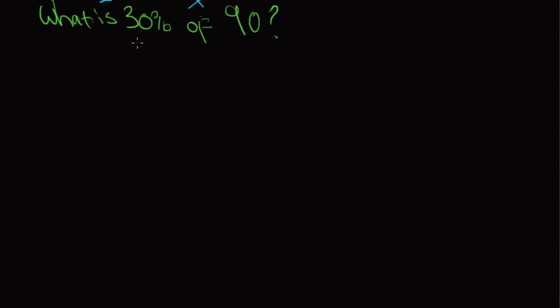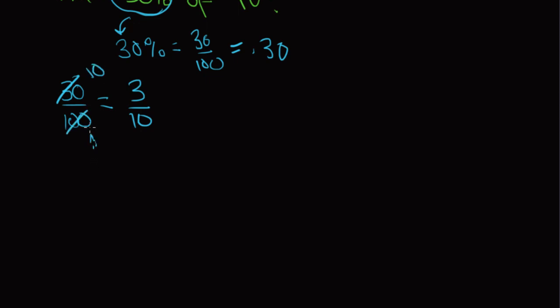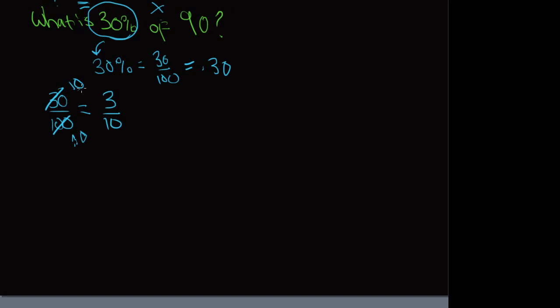We need to first take this and convert it to a fraction or decimal. We get 30 over 100, or 0.30. If we use the 30 over 100 version, we want to reduce it, so it would be 3/10. We divide each part by 10. So 30 divided by 10 is 3, and 100 divided by 10 is 10, so 3/10.